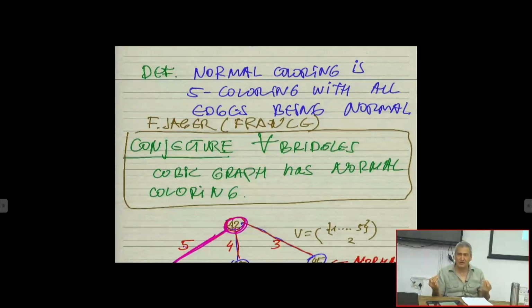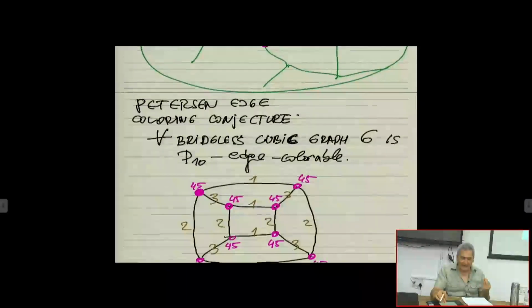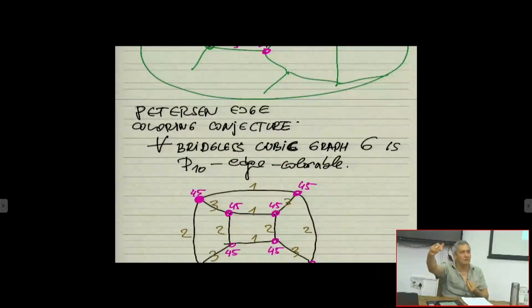It's the same conjecture, just with different notation. With a small observation, it can be easily seen that they are the same. This is actually one conjecture, just stated in normal coloring notation, or stated in these mappings of a graph into Petersen edges. This is the other notation. This is the original notation.